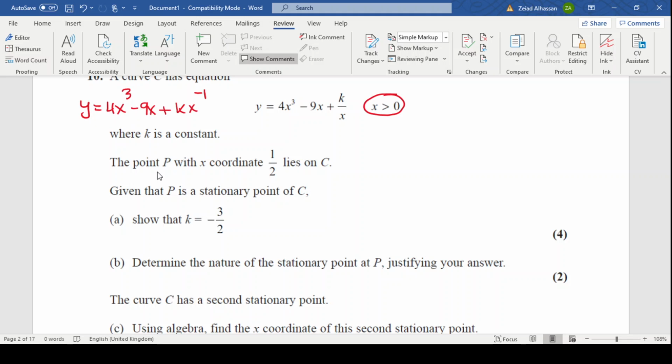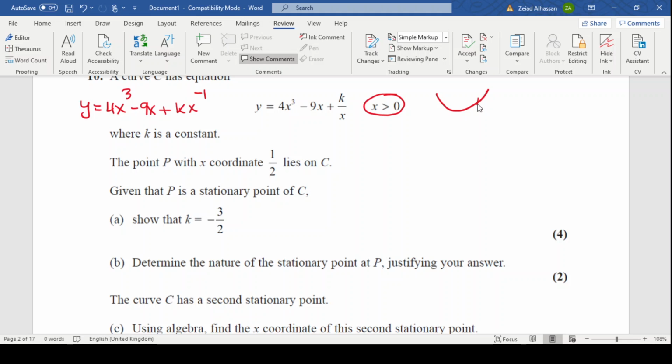Now the point P with x coordinate half lies on the curve C. Let's imagine that there is a curve where this is the point P and its x coordinate is half.